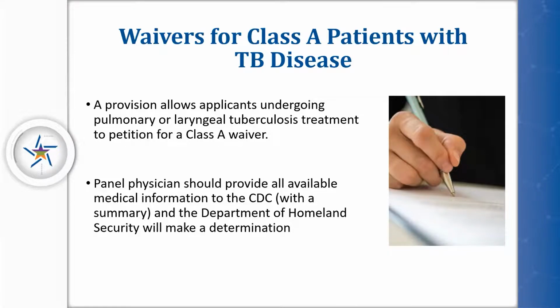There are some individuals that, for safety's sake or for other reasons, may need to travel a little bit faster than their paperwork will allow, and so there are provisions for being considered for a waiver, but it's the job of the panel physician to provide every nugget of information that we can get for that person.